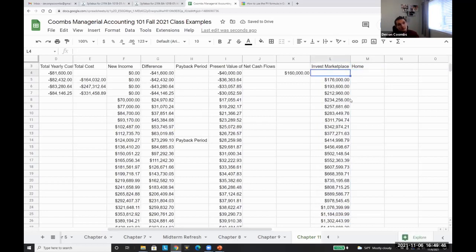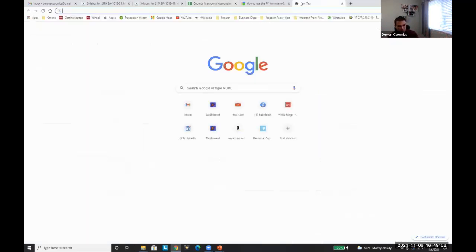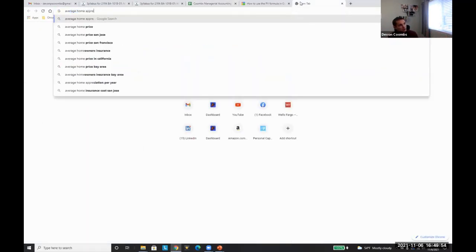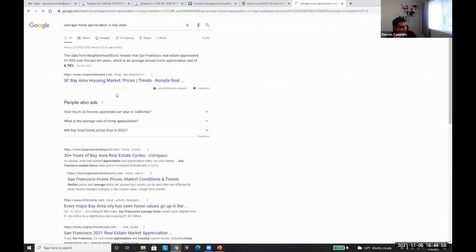If you invest in your home, you're theoretically saving rent. Let's say the average home appreciation in the Bay Area is about 6.74%.